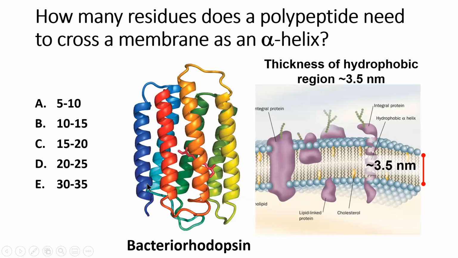Okay. And so we can look at this and say, well, what we also know is that you have the thickness of the hydrophobic region. What's interesting is that the most energetically favorable conformation in the lipid bilayer is to actually have the fatty acids stretched out as much as they can.